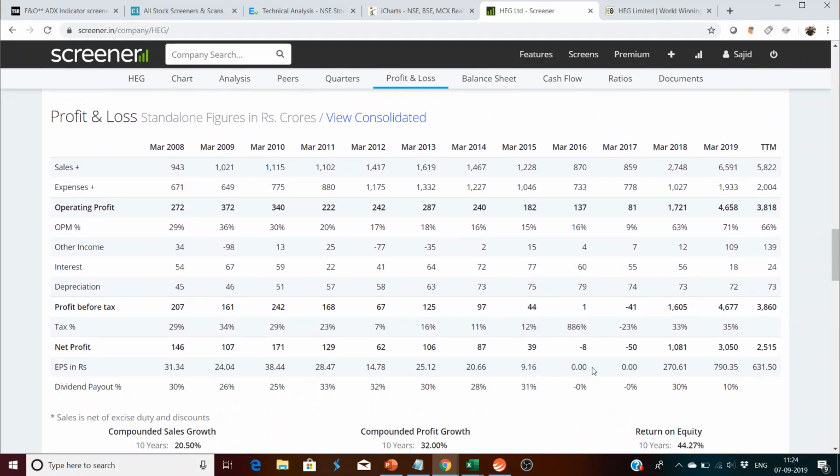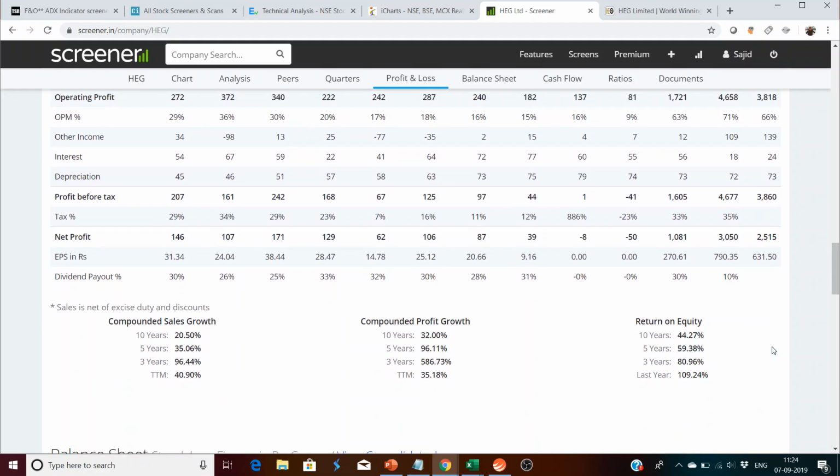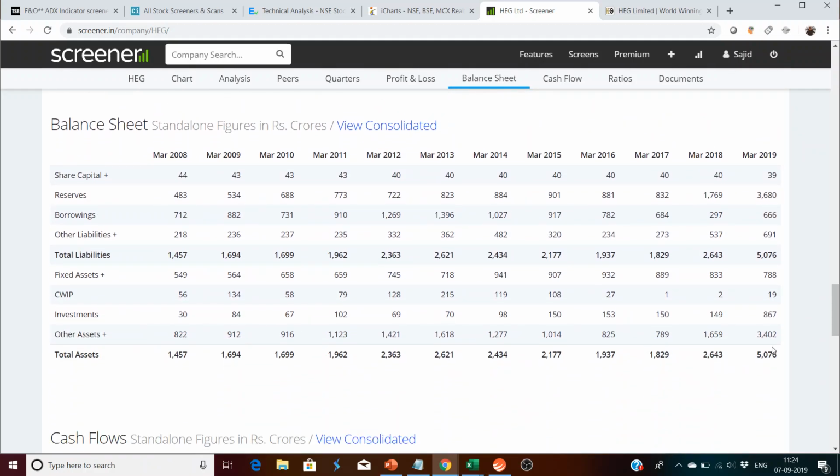So net profit also, March 2016 it's negative, March 17 it's negative, 18 it's profitable, 19 it's profitable. So the company is growing. If you see March 18 and 19, it has grown substantially, and projected growth is also big this year. So you should find companies like this.